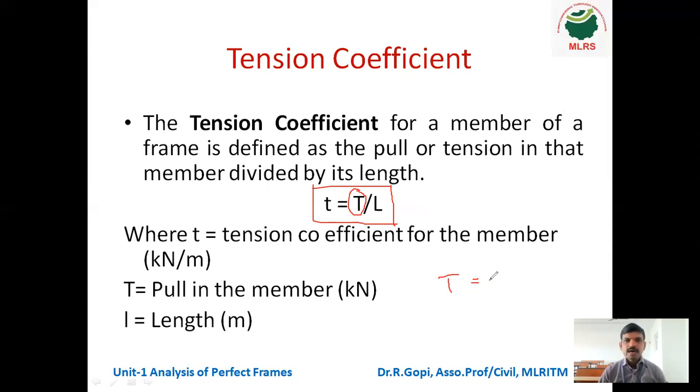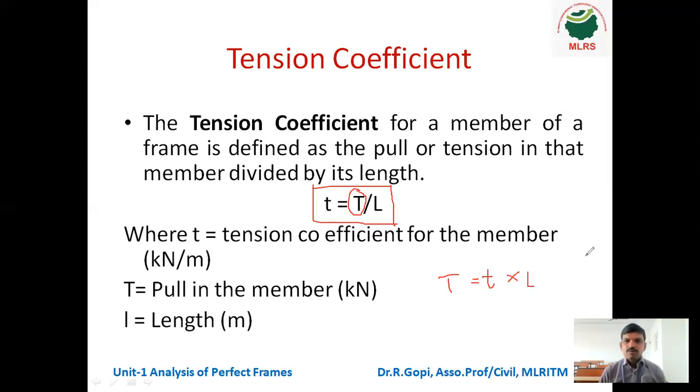If we get the answer in minus, it means it is a compression force. So in this method also, we assume all member forces as tension. Only tension force is assumed acting, so it is called the tension coefficient method. So capital T is equal to small t into L. This is the formula.